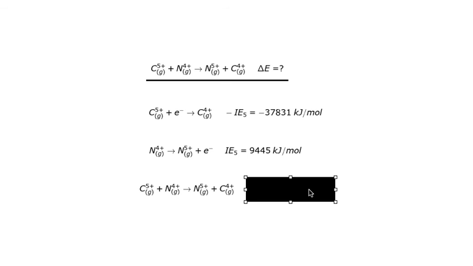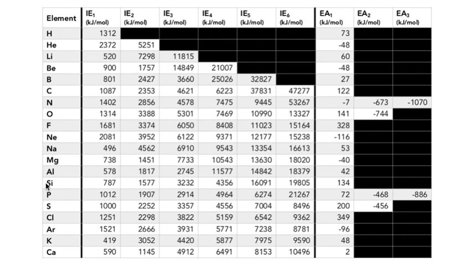And so now we're ready to add both equations together. If we bring these together, we get a change in energy of negative 28,386 kilojoules per mole. And we could rationalize why this is such an enormously negative value. Well, for carbon, the reason why the 5th ionization energy is so much larger is because carbon has 4 valence electrons.